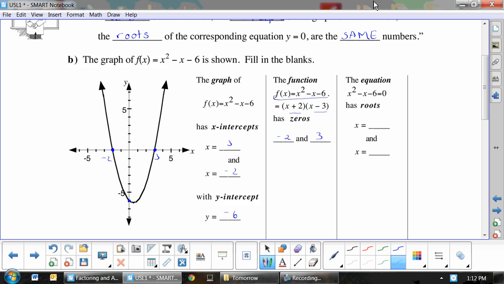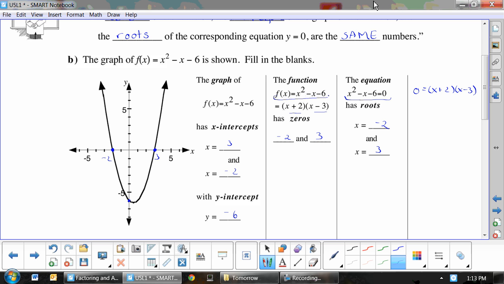And now, if this was an equation and not a function, so this is like the buddy to the function, is its equation, right? It's the same thing, you would factor it. So you would go x is equal to negative 2, and x is equal to 3.